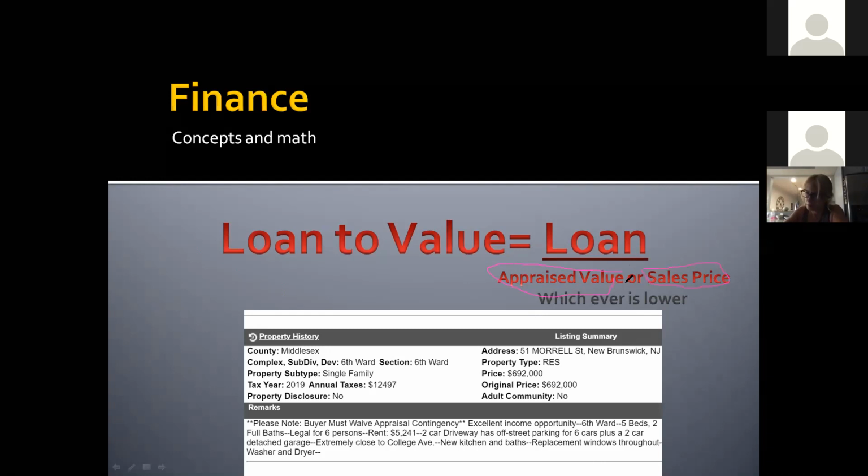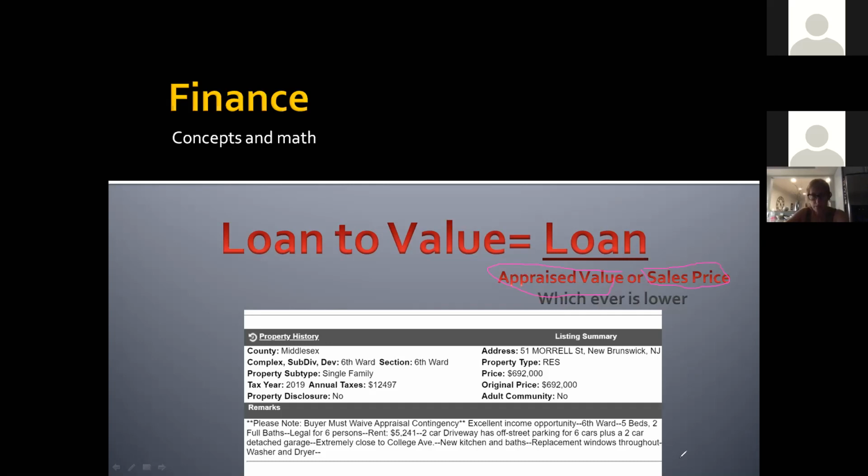What that means is if you pay too much for a house, if you pay more for the house than it's worth, the bank is not going to accept the risk, because the bank only accepts the risk on which of these two is lower. And I have an example on this property that's down here that I'm still negotiating contracts on.